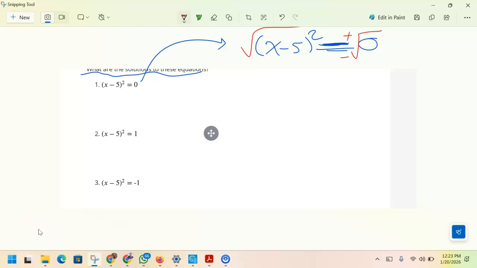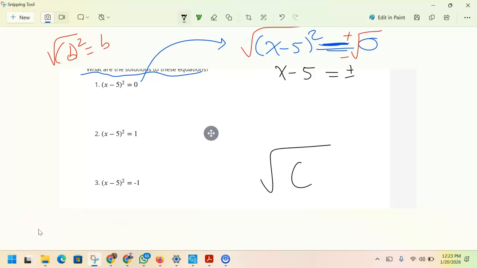First, if there is a square, take the square root, because the square root and the square cancel each other. So the left side becomes x minus 5, and the right side is plus or minus the square root of 0. What is the square root of 0?